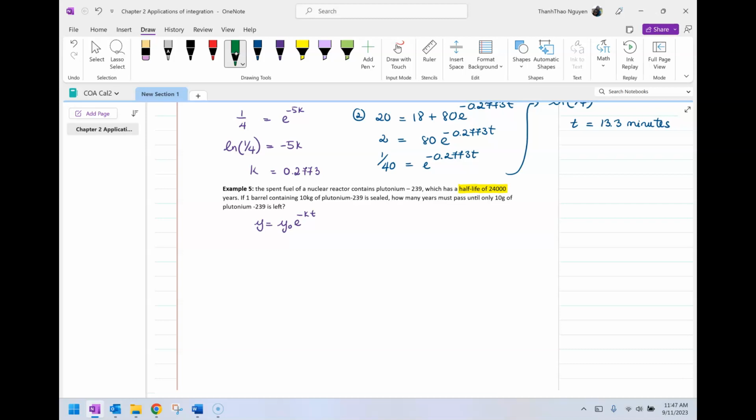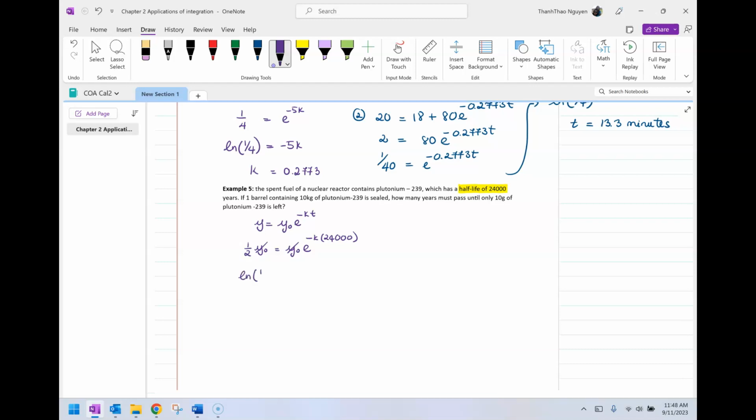This means that I can set up the equation saying one half of y naught is equal to y naught times e to the negative k times 24,000. So divide both sides by y naught, and take ln both sides.